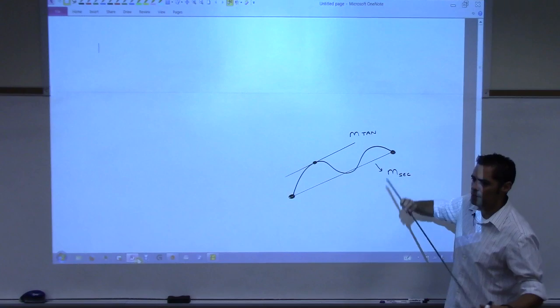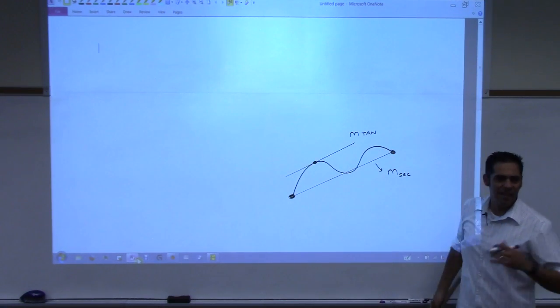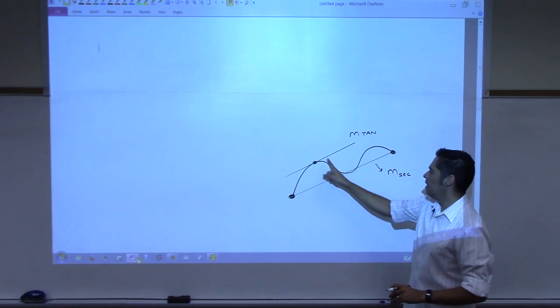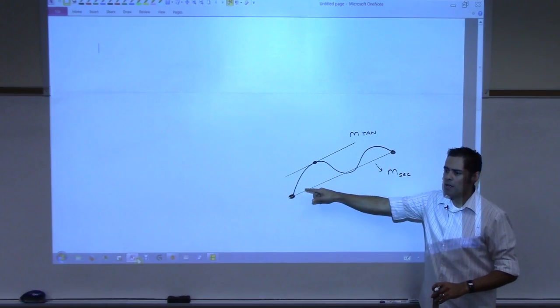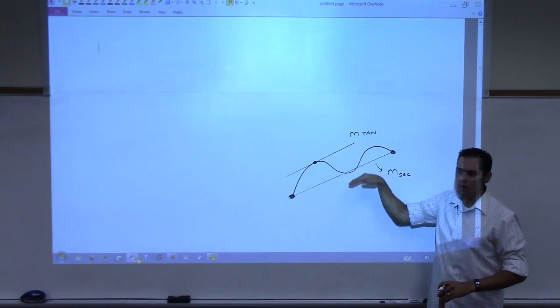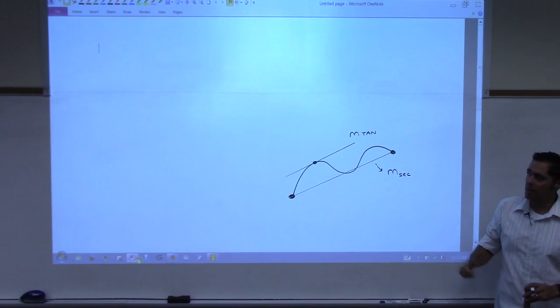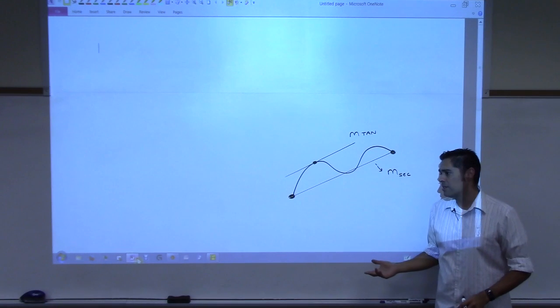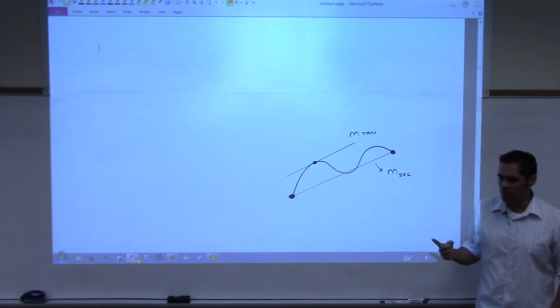They're parallel. Do you see that? And that's guaranteed. You will always be able to find somewhere inside the curve where that tangent line will be parallel to this one. That theorem says we have to have that happen. It could actually happen more than once, but it's guaranteed to happen at least once.